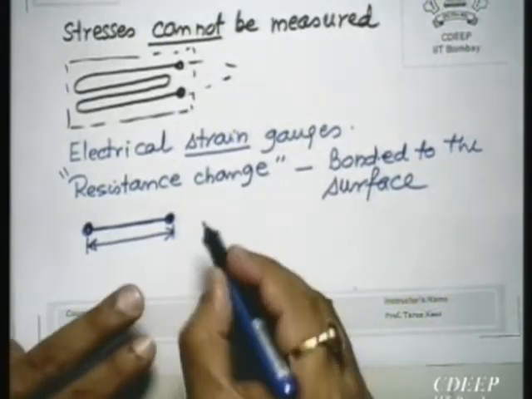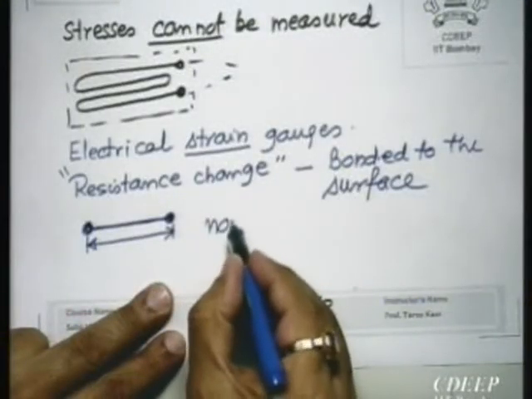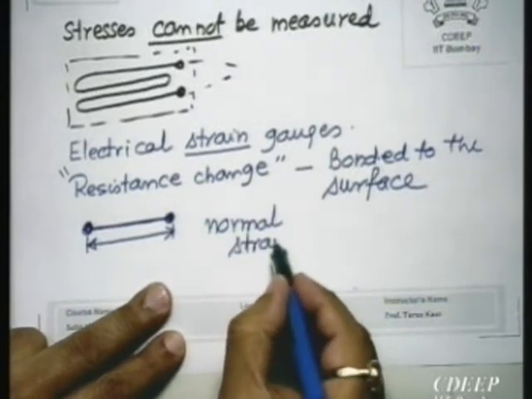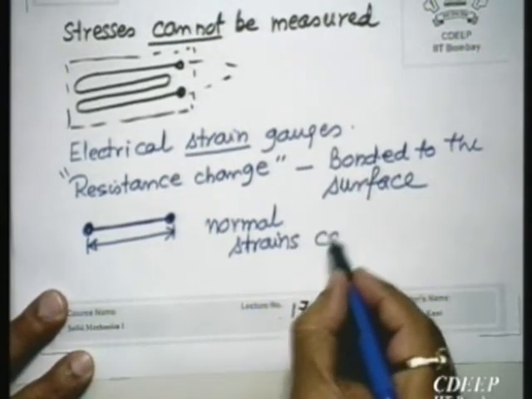Again there is a problem: stress cannot be measured. Strains, yes, somehow we have devised an instrument which can measure the surface strains, but it can measure only normal strains, not shear strains, because they are only linear type. So only normal strains can be measured.